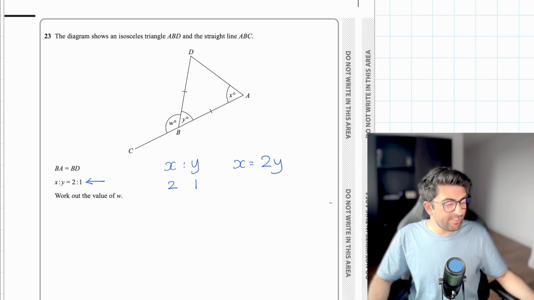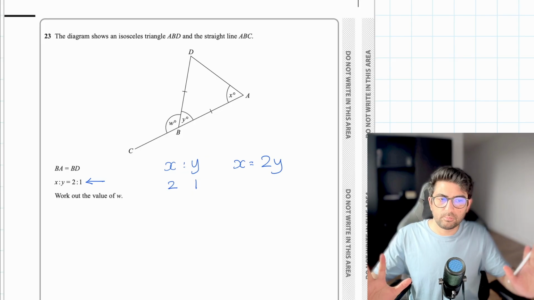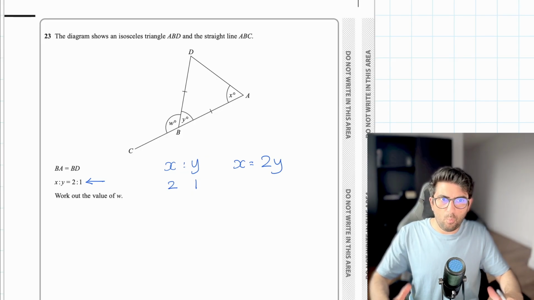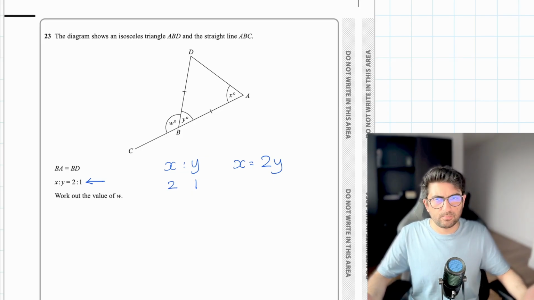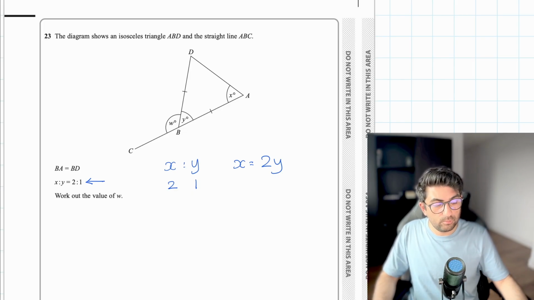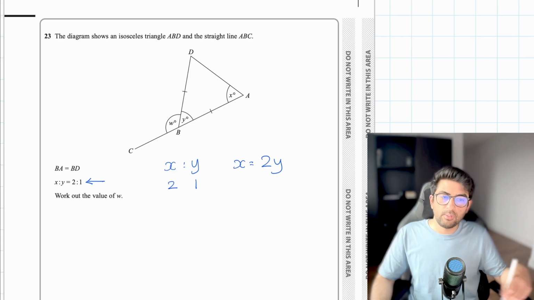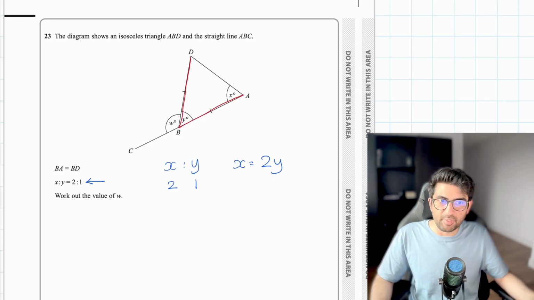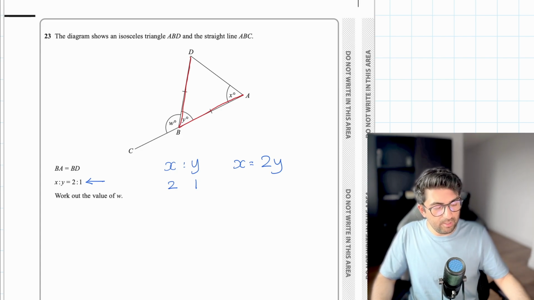But do we see any more angles which could also be x on the diagram? I think we do. I think because we know that this is an isosceles triangle, the base angles have to be the same. So I think this one here is also x.